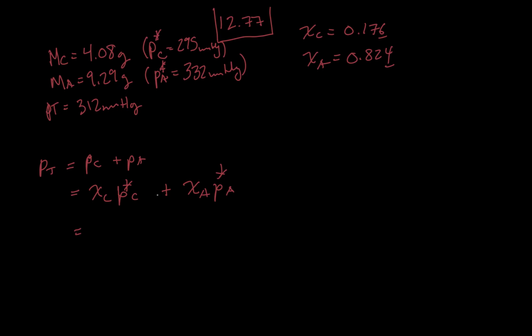So we're multiplying 0.176 times 295, plus our mole fraction of acetone, 0.824, times 332 torr.